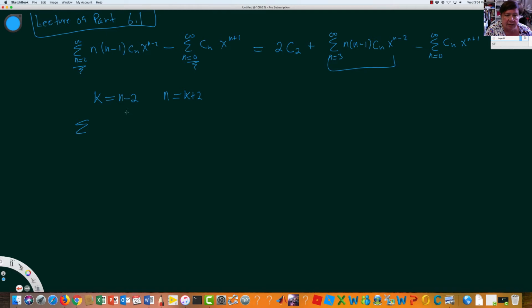So notice that when n equals 3, k equals 1. All right, so we're going to say, let's just leave the sum index off of that for a second and just look at, so n is k plus 2, right? So we're going to have k plus 2. And that's what this n is here. And then k plus 2 minus 1 is k plus 1.